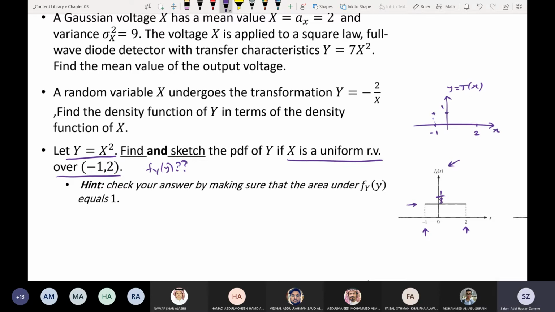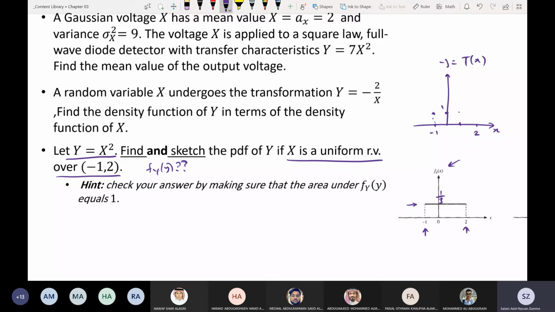And it goes like this. This is y equal g of x. At x equal -1, the value of y is 1.